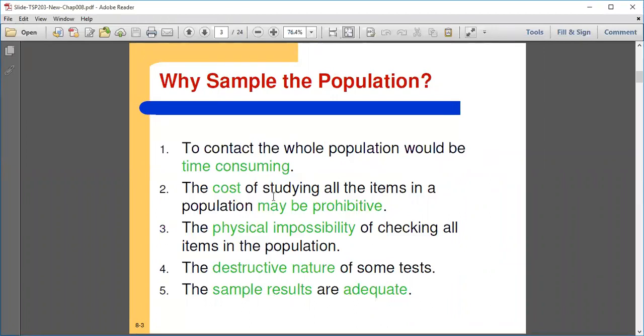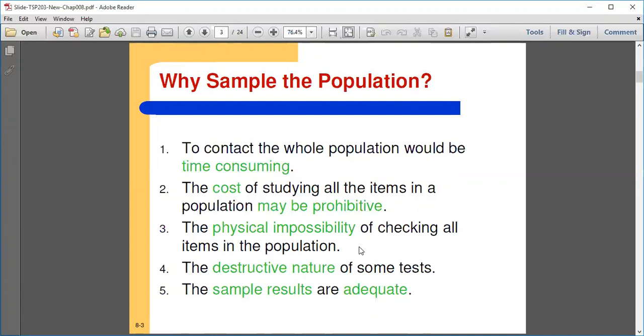The third point is basically the physical impossibility of checking all the items in a population. It means that, if a firm is producing items at economy of scale, economy of scale means production in bulk, so it is not possible to test each and every item.